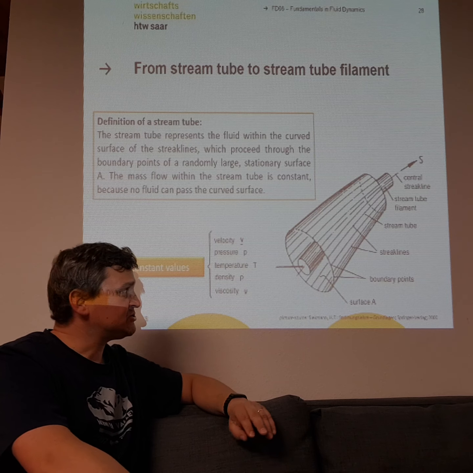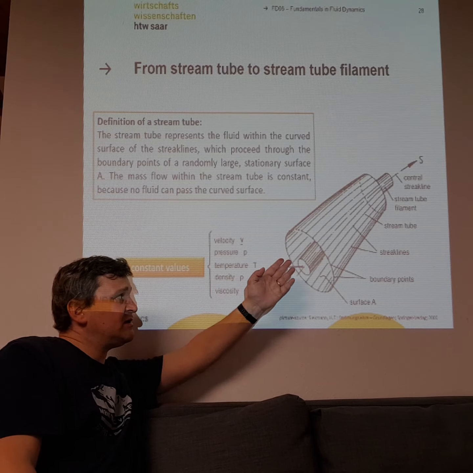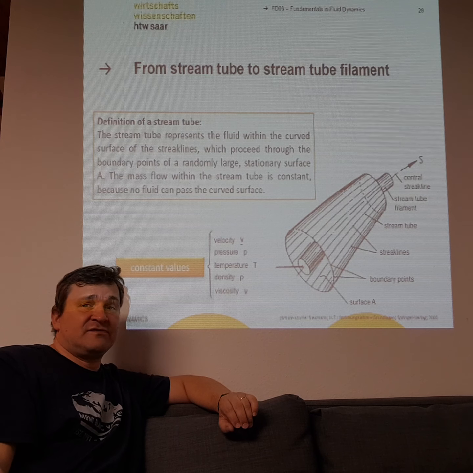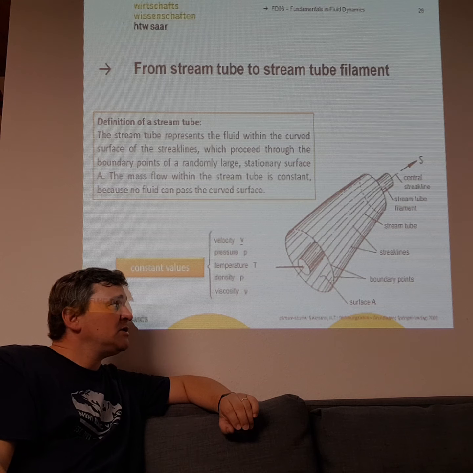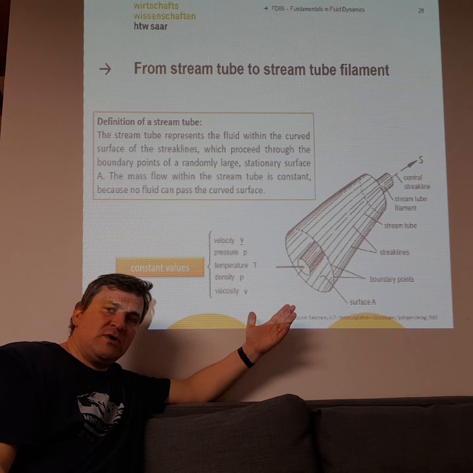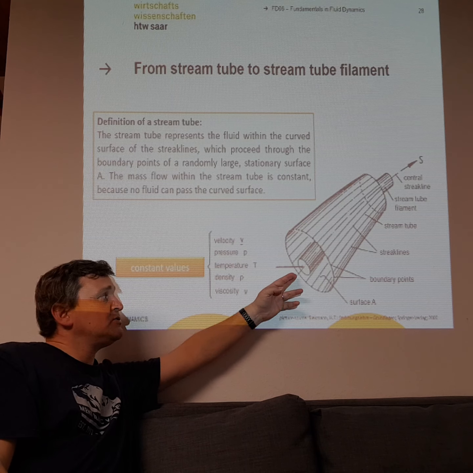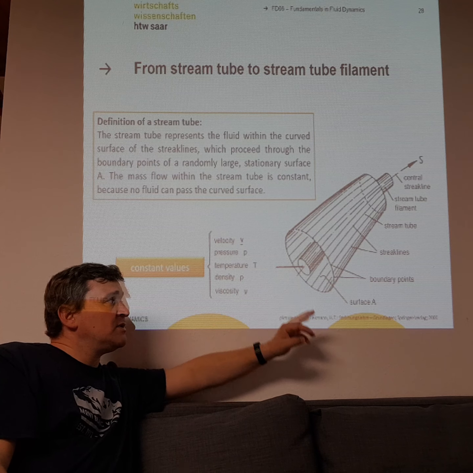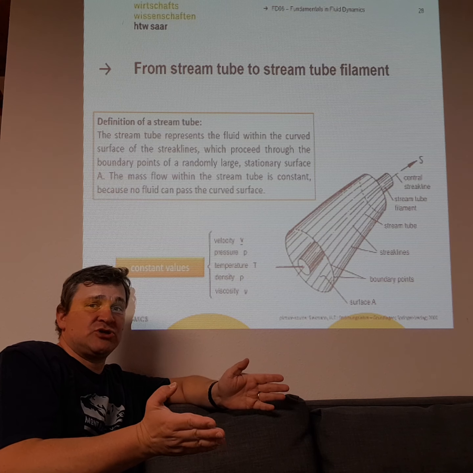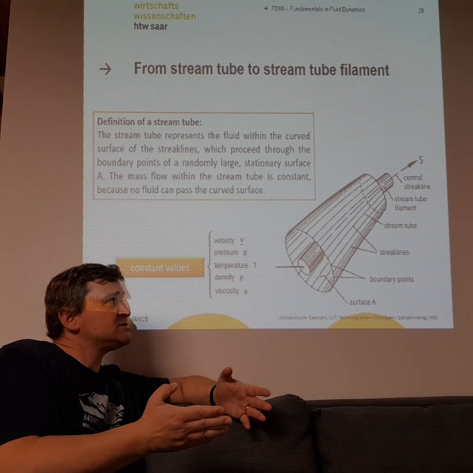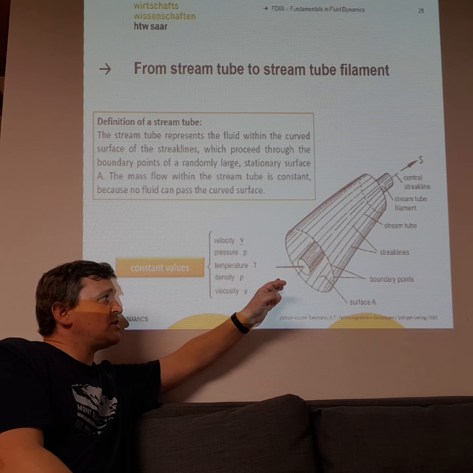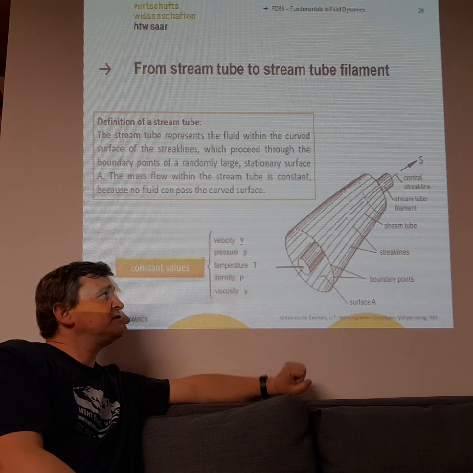Here, if you see such a stream tube, I have explained this in earlier lectures. If you use a flow filament theory, you describe the fluid flow like a flow inside a pipe. You have an area where the fluid enters. You define the area geometrically, maybe by a circle, and then you describe the flowing of the fluid.